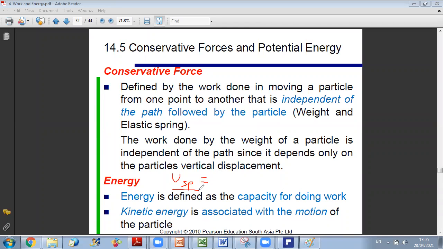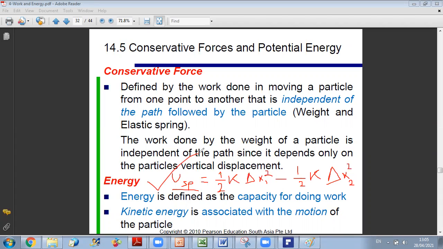Half k x squared. Yes, very good. We have half k delta x1 squared minus half k delta x2 squared. So also for the spring, the work will only depend on the initial and final state. This is why we can say also that the spring force is a conservative force.